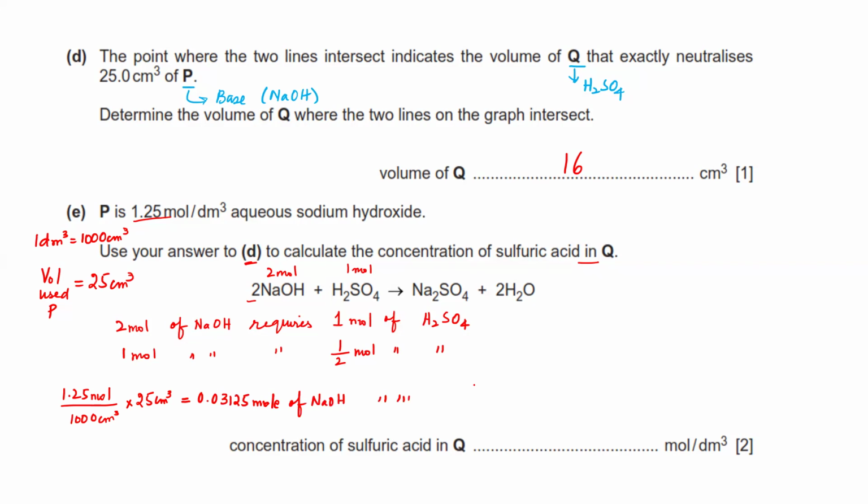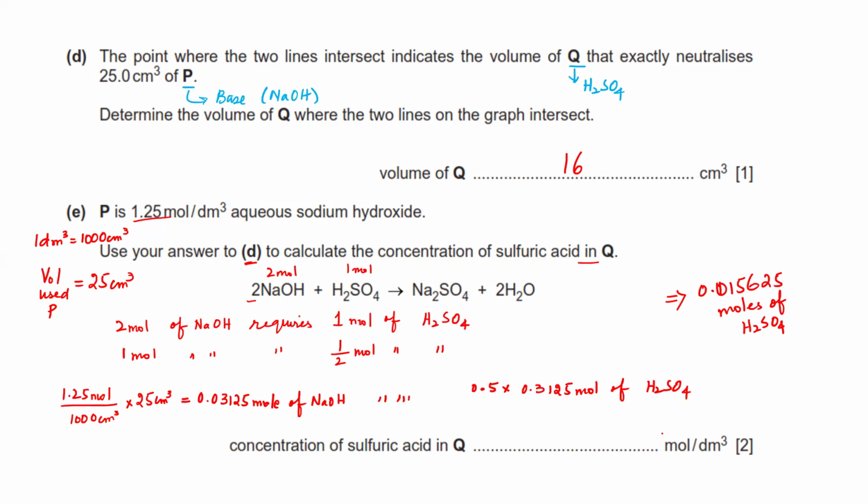The moles of H2SO4 will be 0.5 multiplied by that, which is 0.015625 moles of H2SO4.